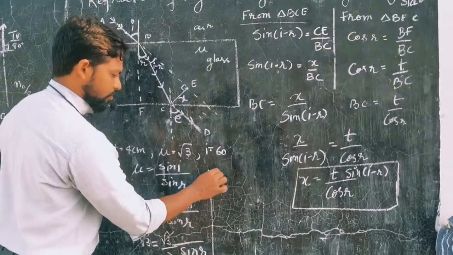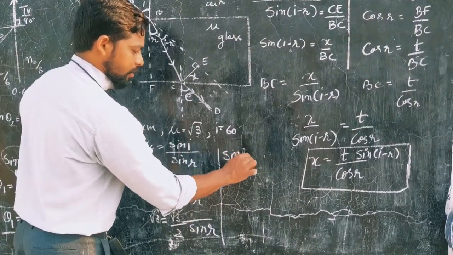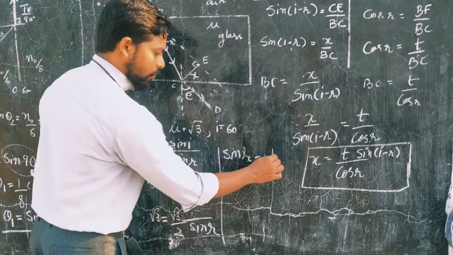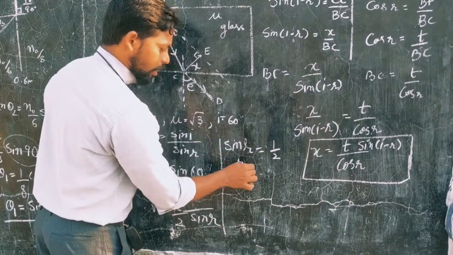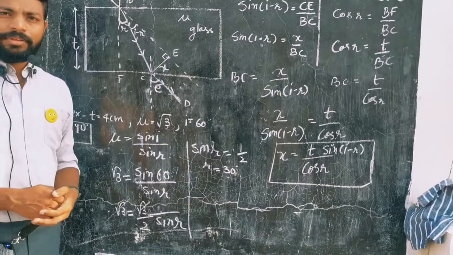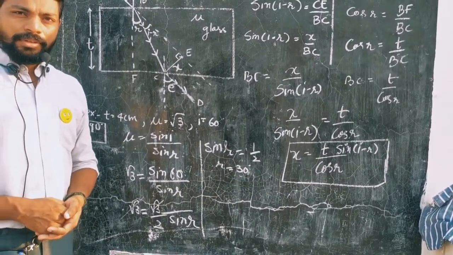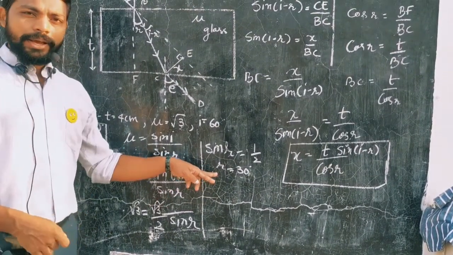So sine R is equal to 1 by 2. Then R is 30. So we got the angle of refraction value as 30.